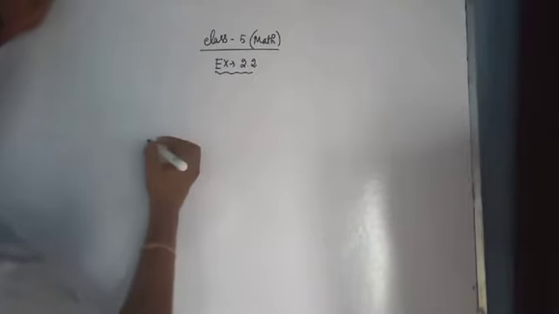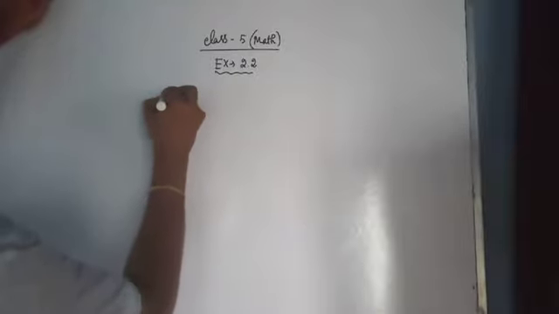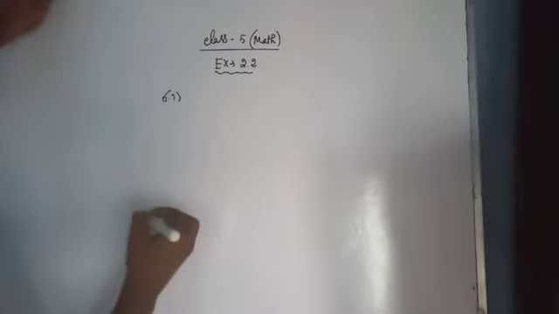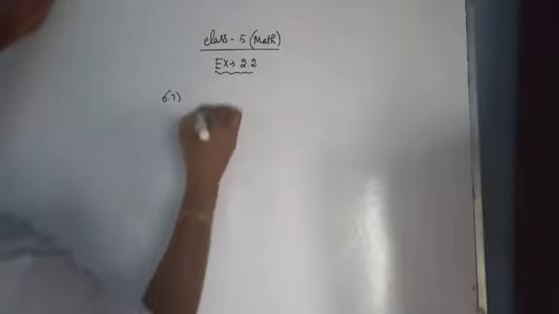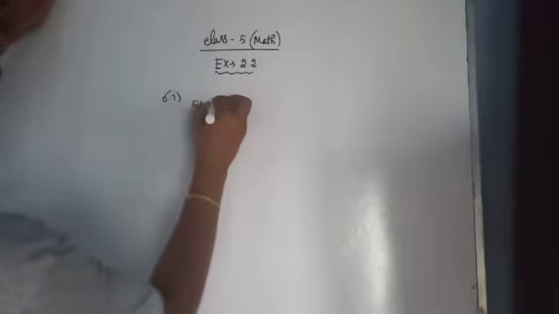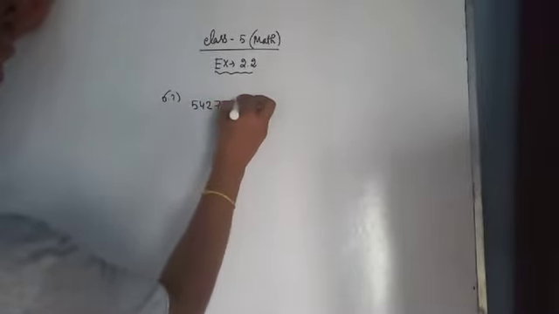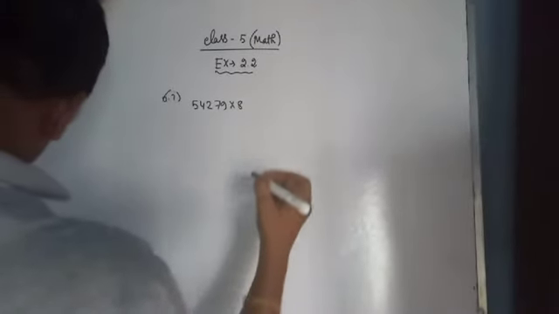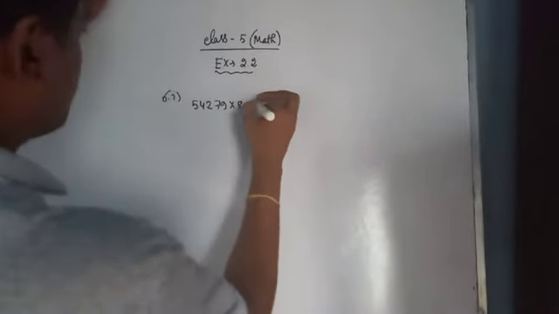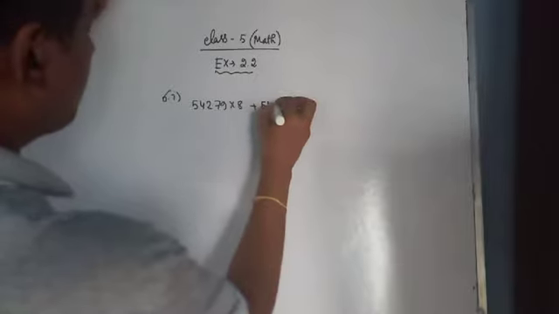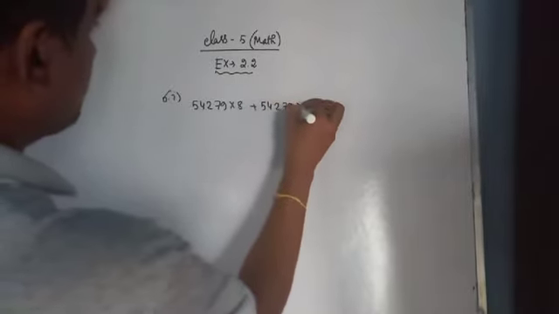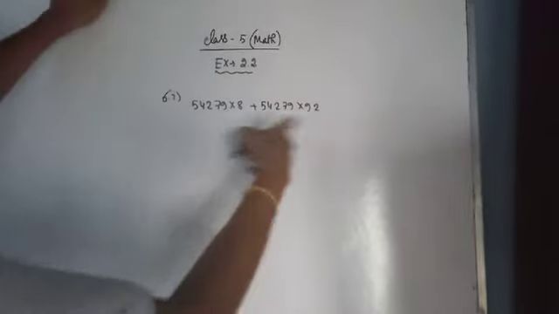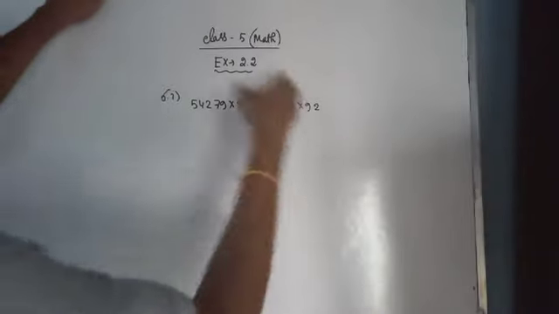Before that I will show another process, question 6: 54279 into 8 plus 54279 into 92. In your book, 92 comes first, but it is no problem.